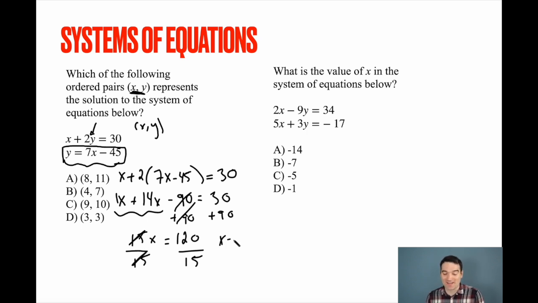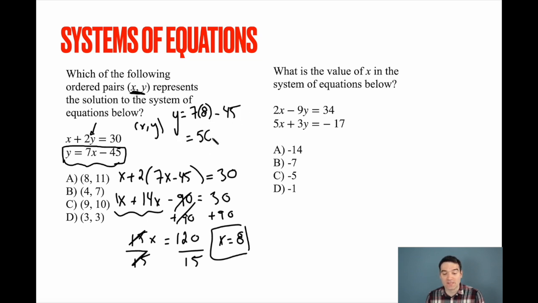So x equals 8. Now at this point, I could just pick A because there's really only one option in this list that has x as 8. But I'm going to be a little more thorough here, and just for the sake of practicing, solve for y as well. So y equals 7 times 8 minus 45.